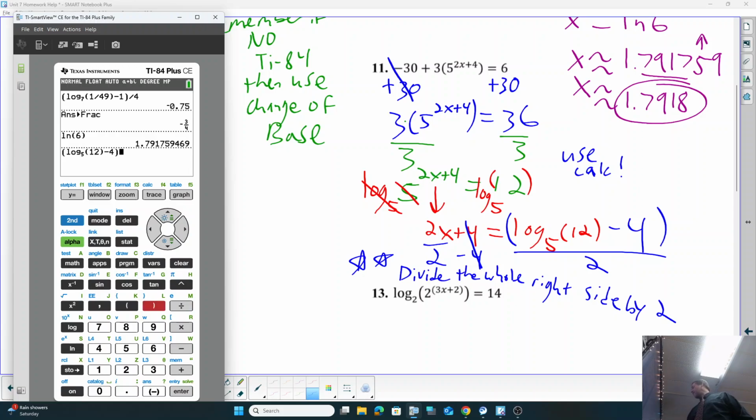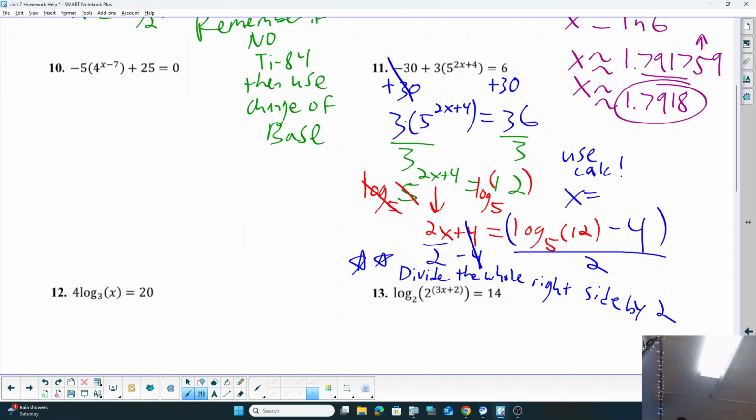Then we divide the whole thing by 2. So we get negative 1.228020345, which to 4 decimal places is negative 1.2280. So x is equal to negative 1.2280 is our answer.